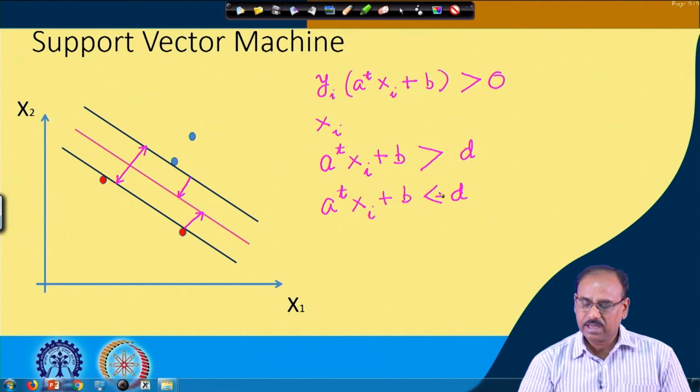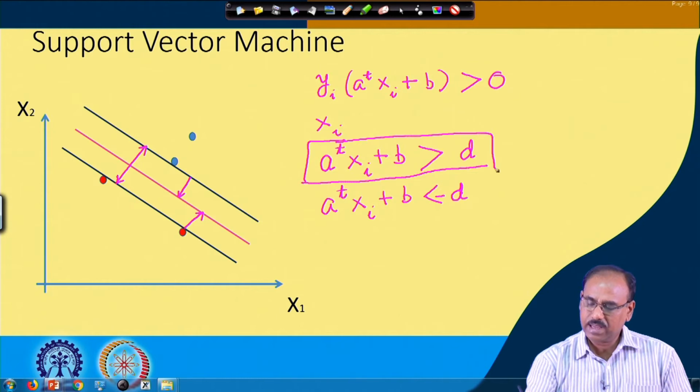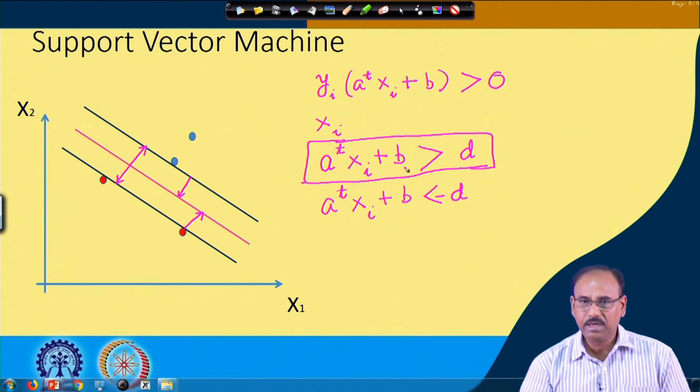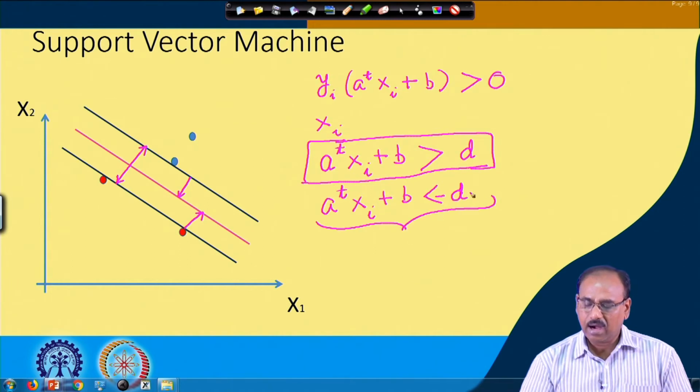So, if x i is from class omega 1, A transpose x i plus b should be greater than d. And if x i is from class omega 2, A transpose x i plus b must be less than minus d.